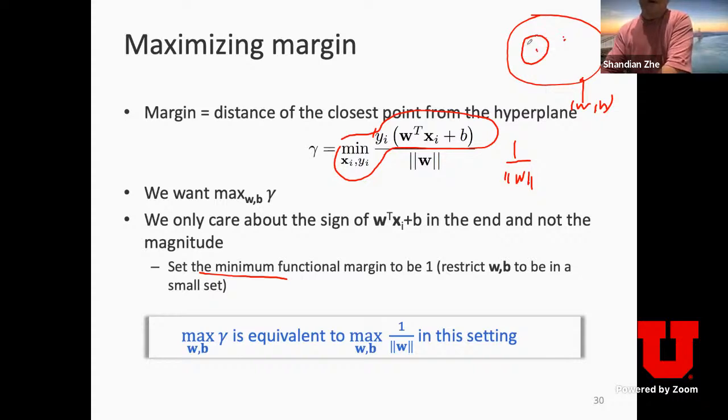So you don't need to search over the entire W, B space. You just need to search over this small subspace.